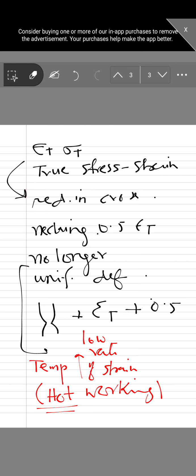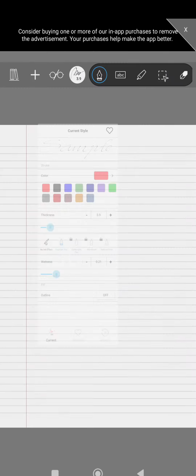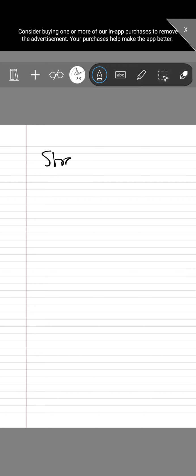Strain hardening means that when you apply a sufficient amount of stress, there is a movement of dislocations, and sometimes this stress also causes new dislocations to form.